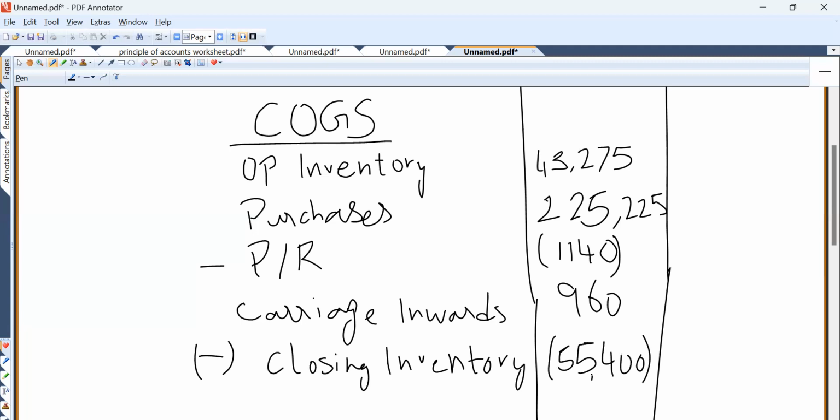Now, can you calculate the final value of cost of goods sold? It is 212,920.